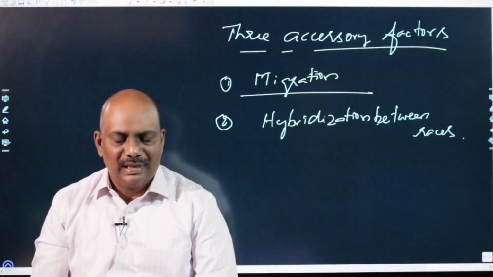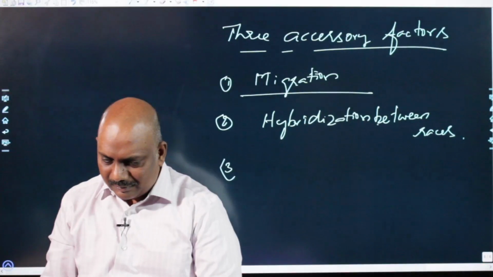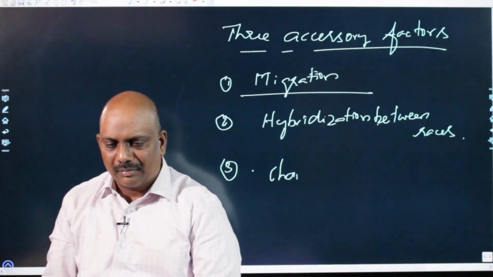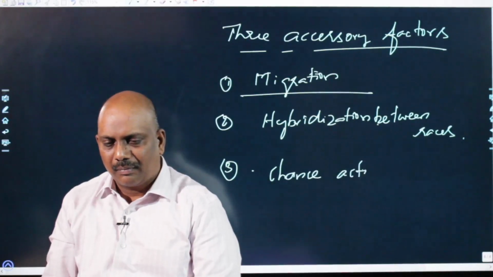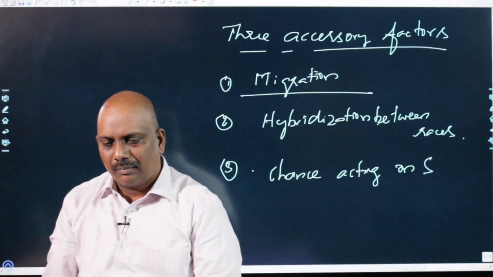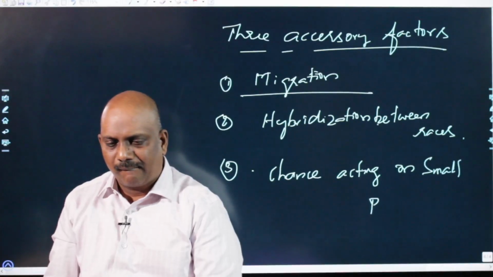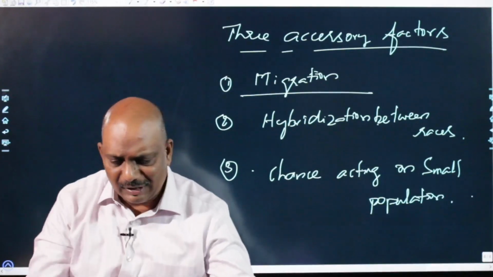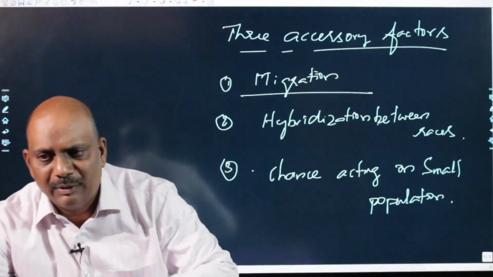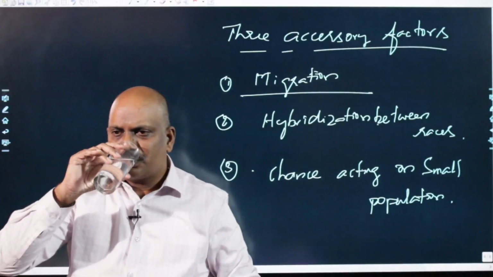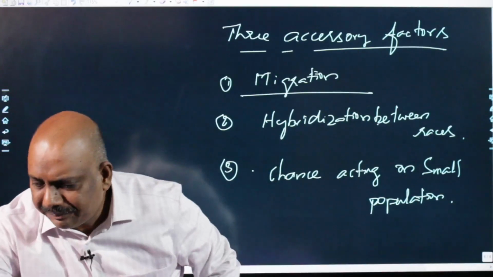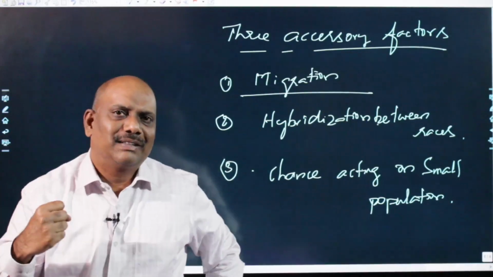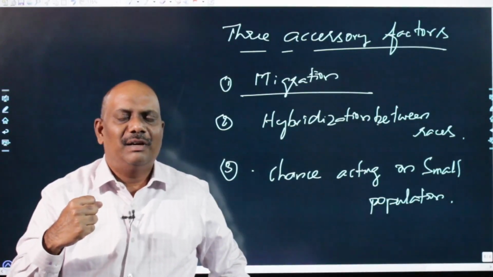Then the third one, effects of chance acting on small populations. Chance is also a very important source in evolution. See our Salman Khan, what a muscle he has, and what a good actor he is.